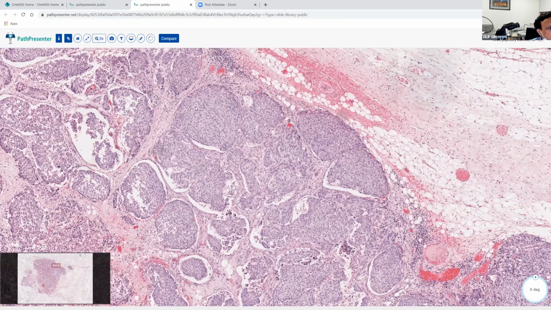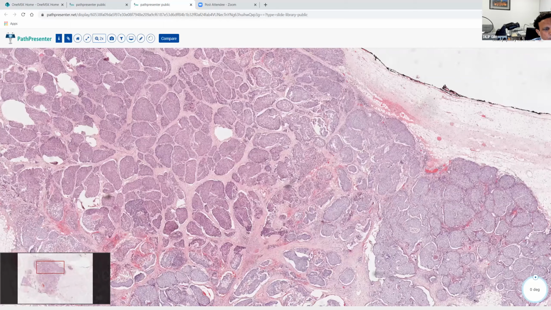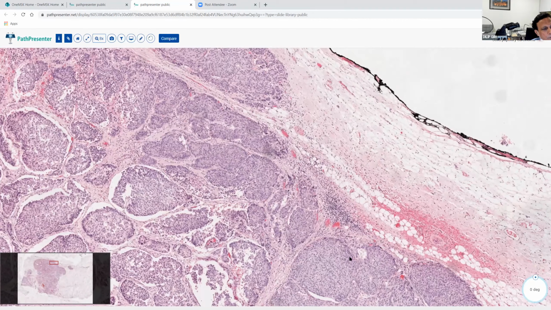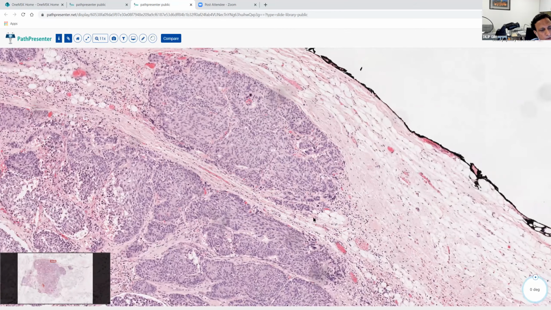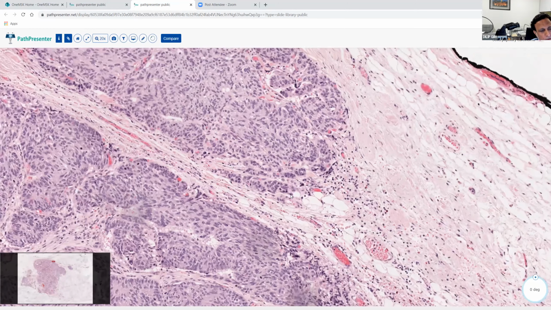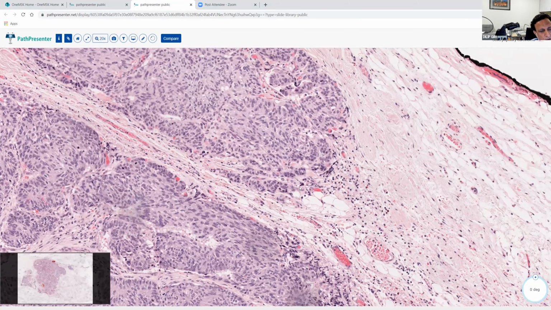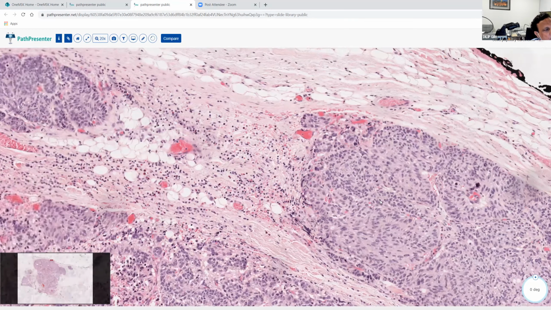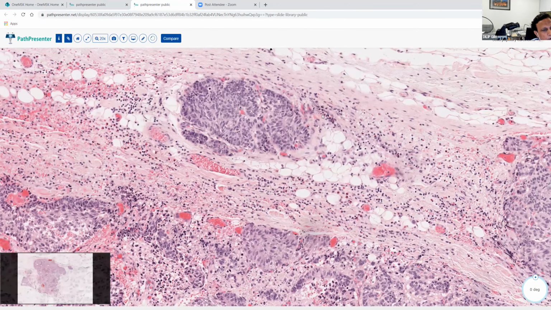So this can be quite contentious, whether this is invasion or not, but really to call something, you have to have unequivocal invasion. I mean, is this unequivocal invasion? It certainly seems like that, that it's trying to go into the fat. Here it's in the fat.